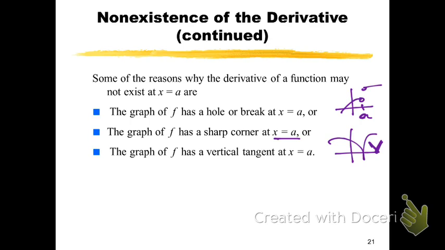Or anything that has a vertical tangent. If I have a tangent line that looks like this, of course, the slope is undefined. And since the derivative is the slope of the tangent line, if the tangent line is undefined, then we will be non-differentiable at that point.